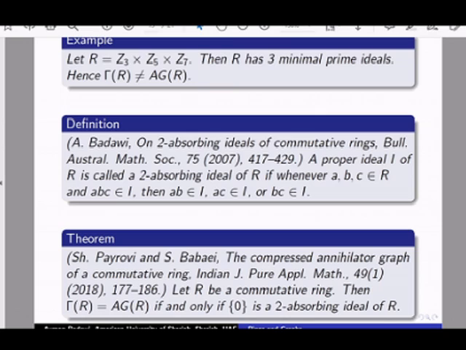Every time I come across this result, I get excited because I never thought how this two absorbing ideal related to a kind of graph. And here they give a very simple condition. Remember, I have an answer to when they are identical when the ring is reduced, and I said they should have two minimal prime ideals. But I don't have an answer in general. Or maybe if I do, then it will be like 3, 4 conditions. But that's it, a simple condition.